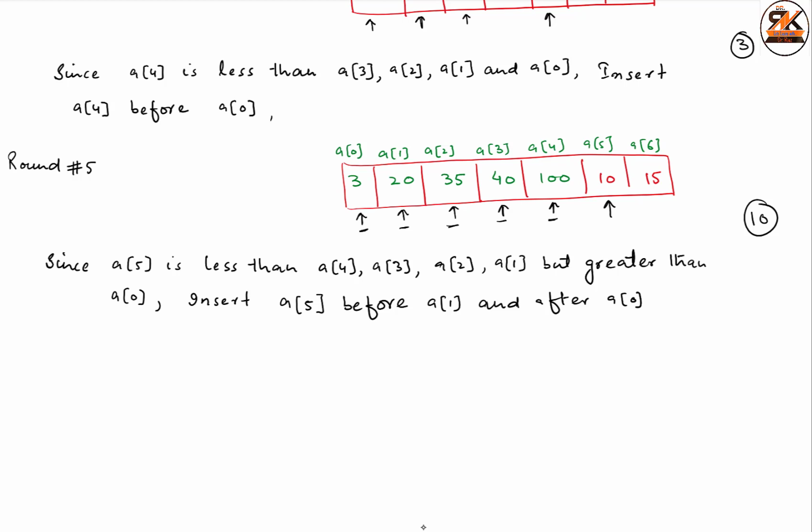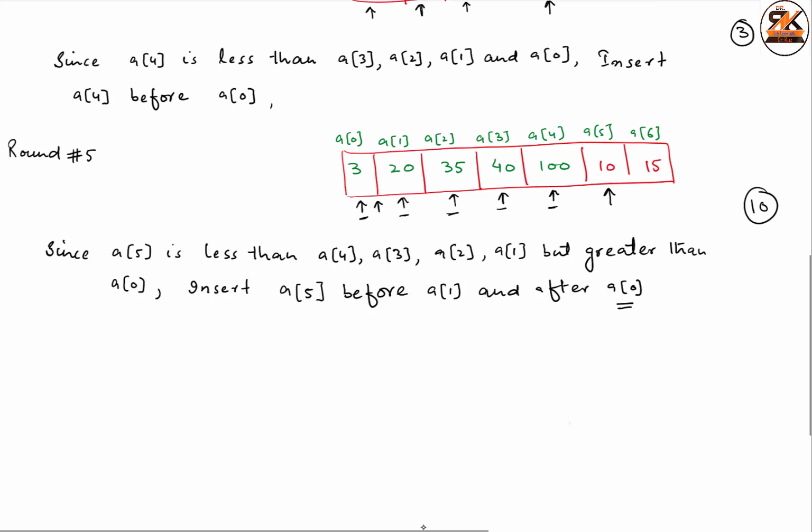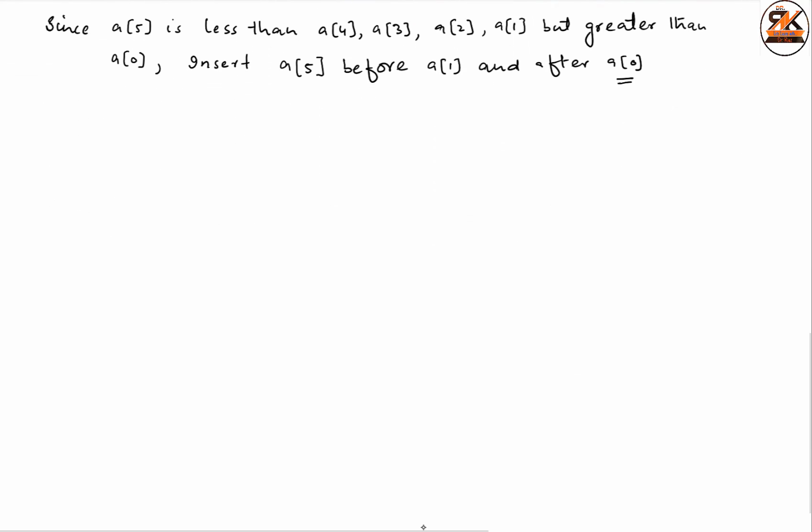Which means that this element at position A5, the value is 10, will be inserted between A0 and A1. So we will have a new list that is shown in round number 6.